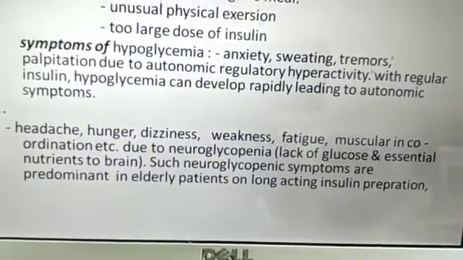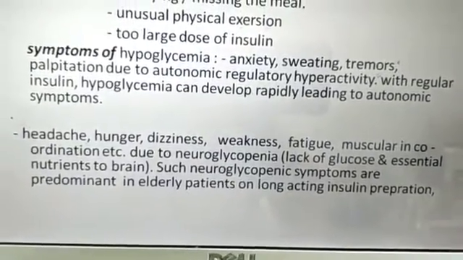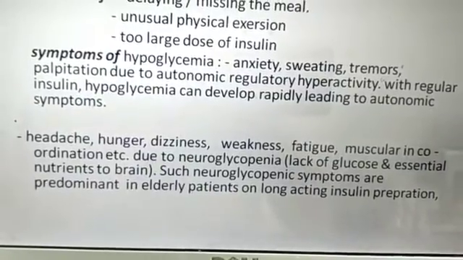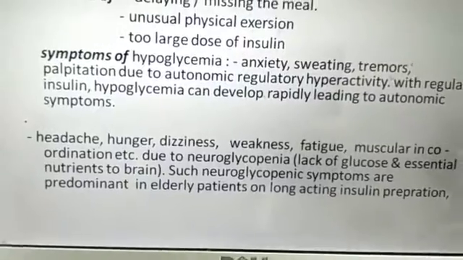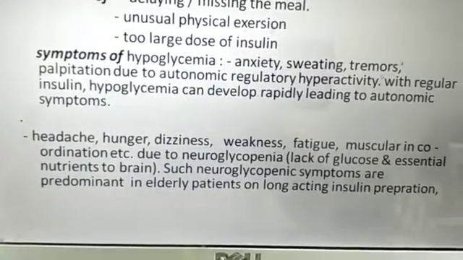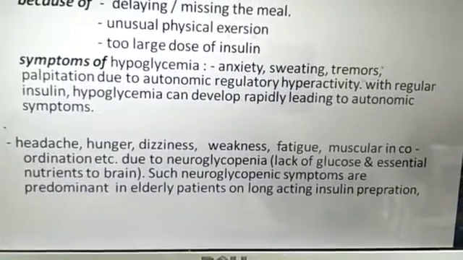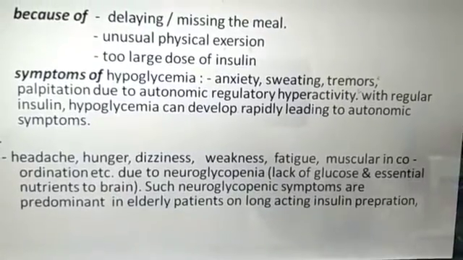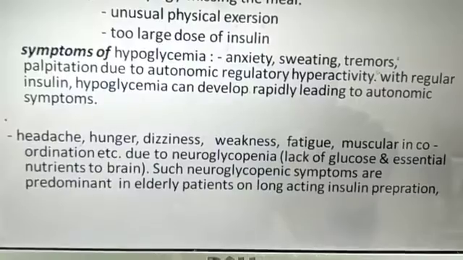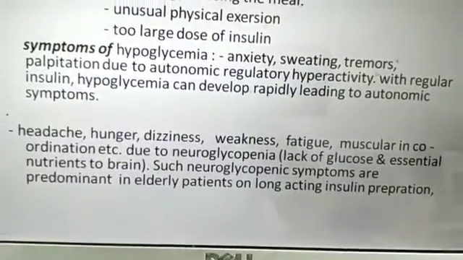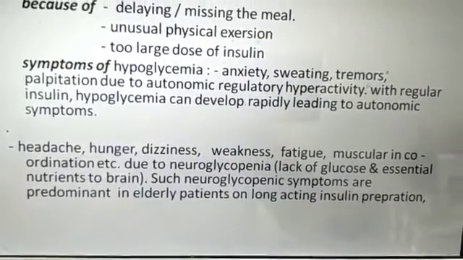There is lack of nutrients going to the brain. Such symptoms are predominant if long-acting insulin preparations are used and are more common in elderly patients. So two types of symptoms occur in hypoglycemia, one which are due to autonomic hyperactivity and others which are due to neuroglycopenia.